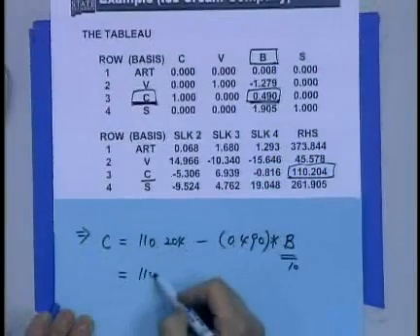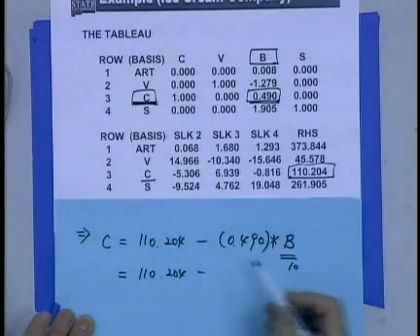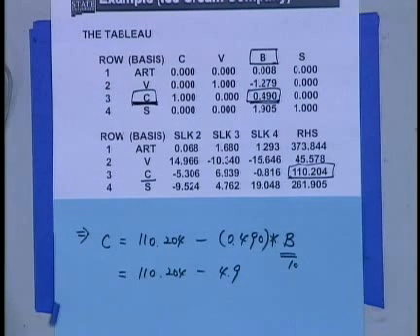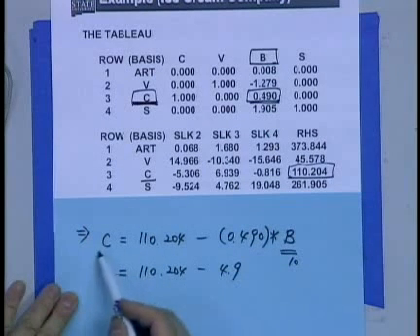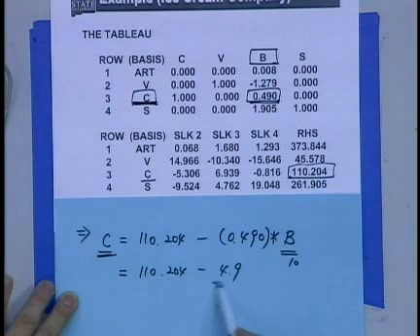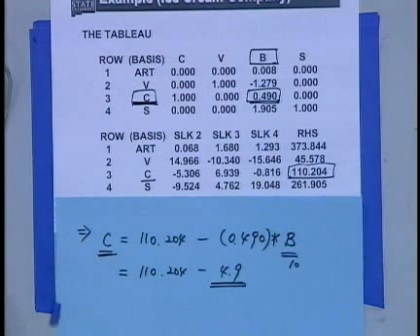So this becomes 110.204 minus 4.9, right? Which means the production of chocolate ice cream would decrease by 4.9 gallons. Does that make sense?